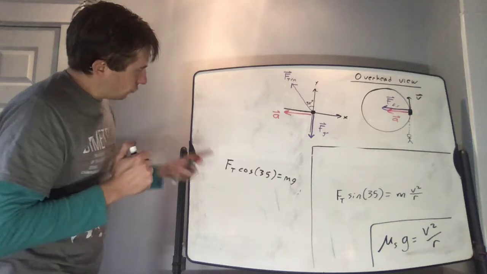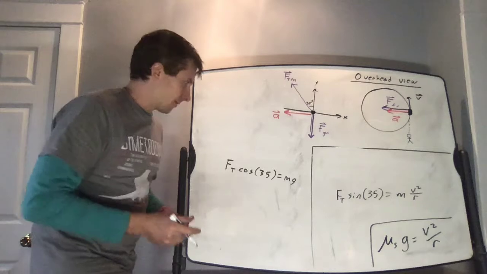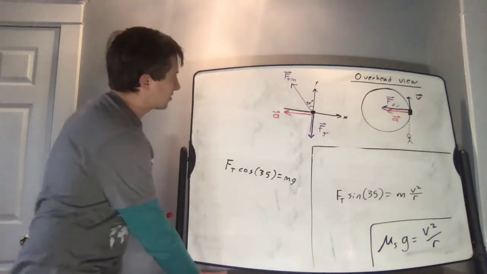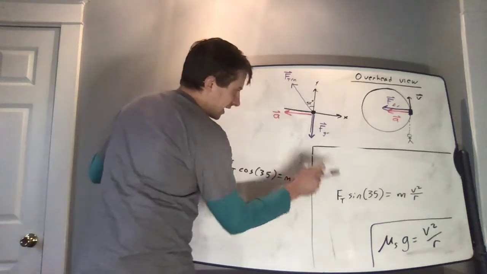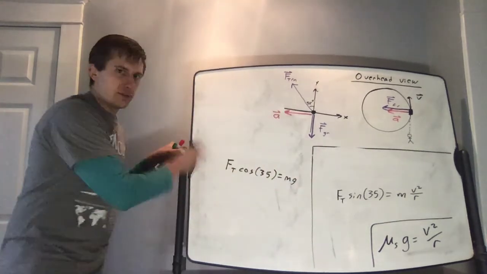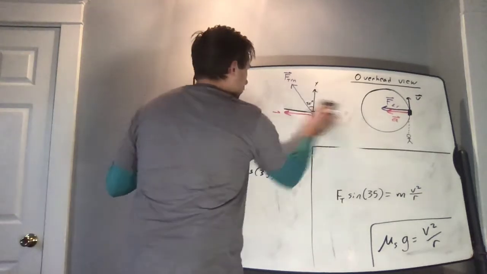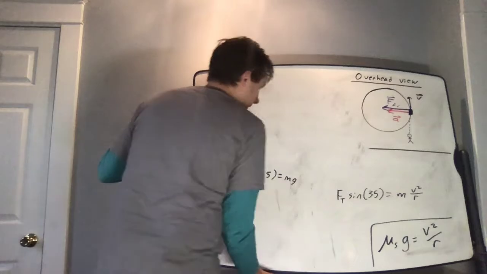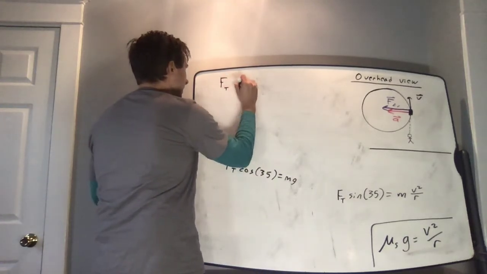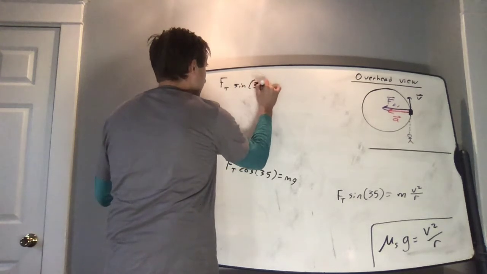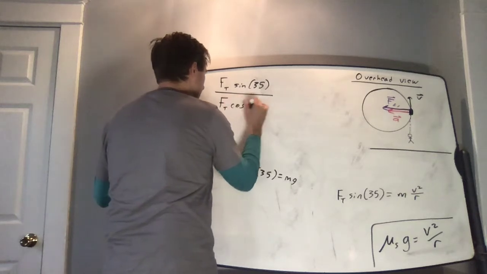We are not given the tension in the rope, so let's cancel that out. The way I will choose to cancel the tension in the rope is to take this equation and divide it by this equation. What I mean by that is I am going to write F tension sine 35 divided by F tension cosine 35.